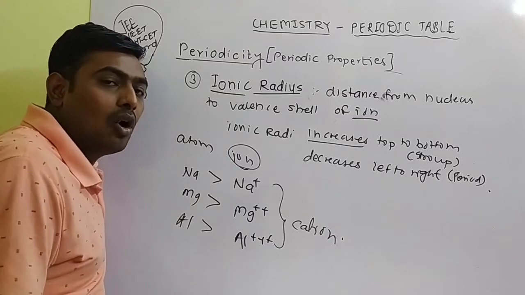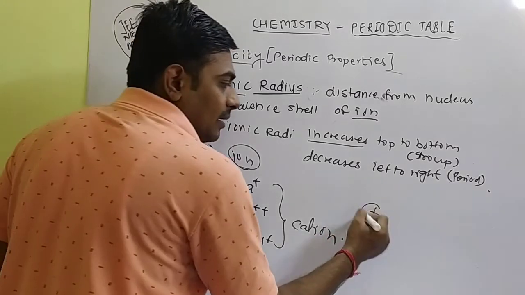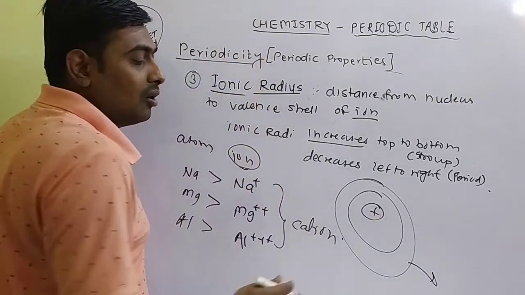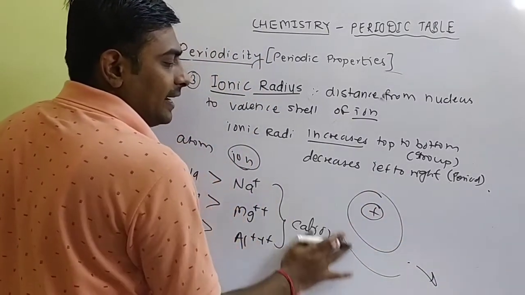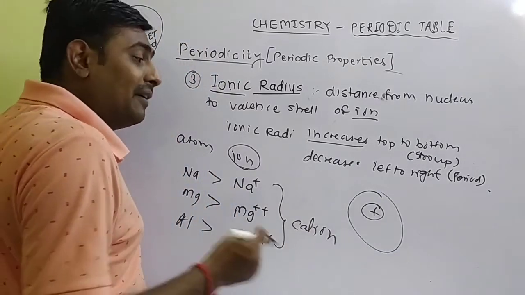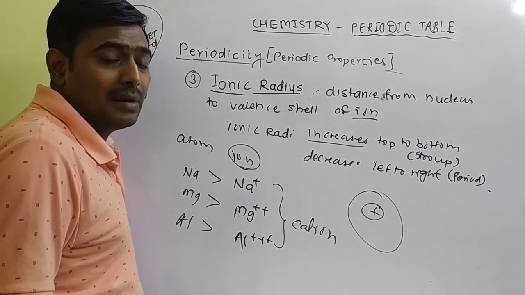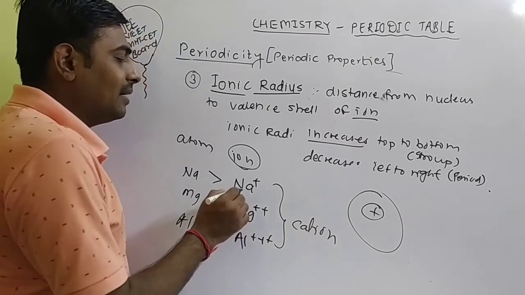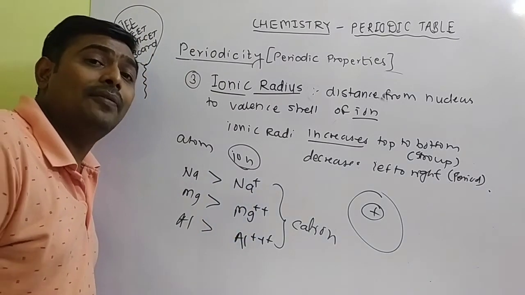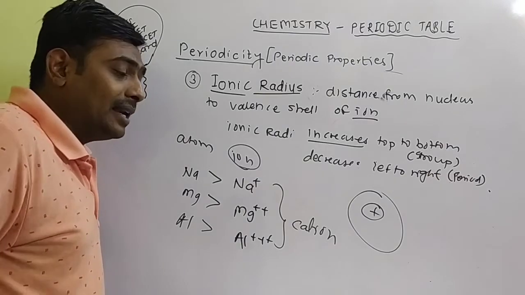By loss of electron. Obviously, in any system, if the system loses an electron, the shell decreases. Sometimes a complete shell decreases, by which the size decreases. It means that a cation is always smaller than its atom.